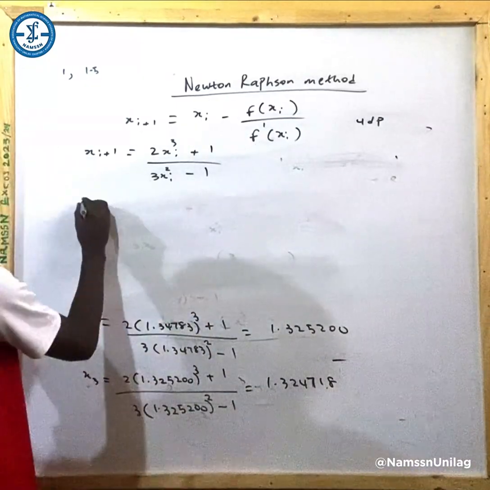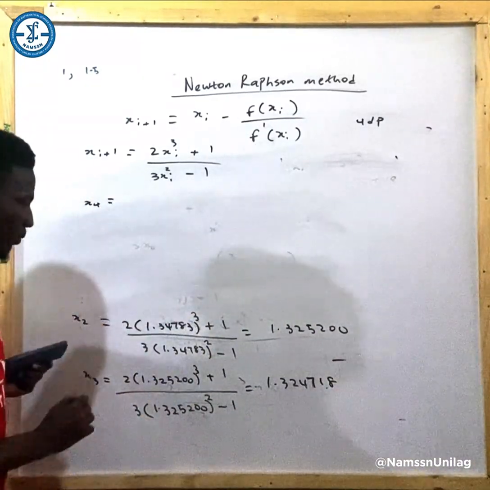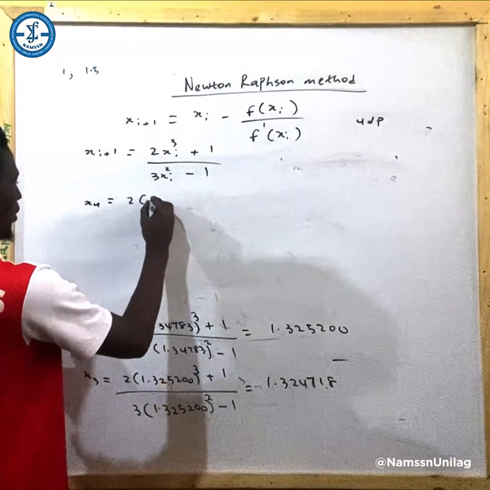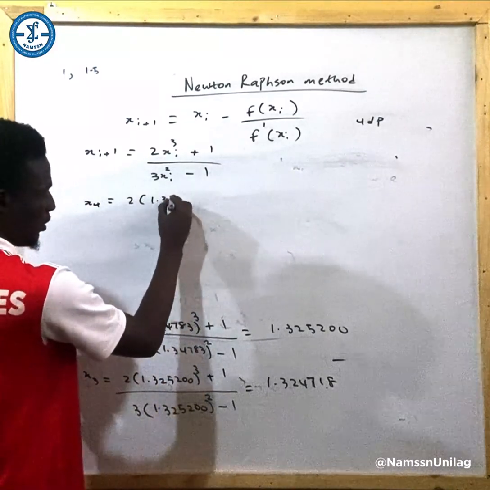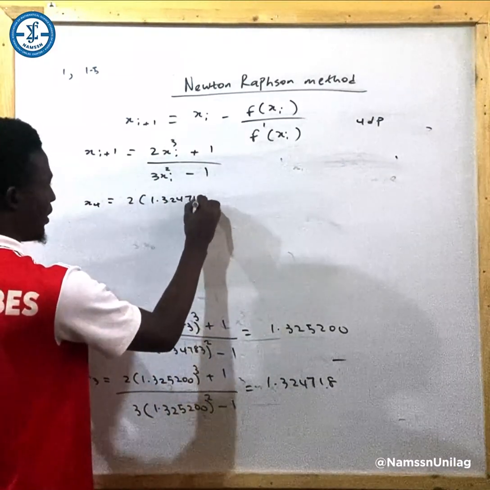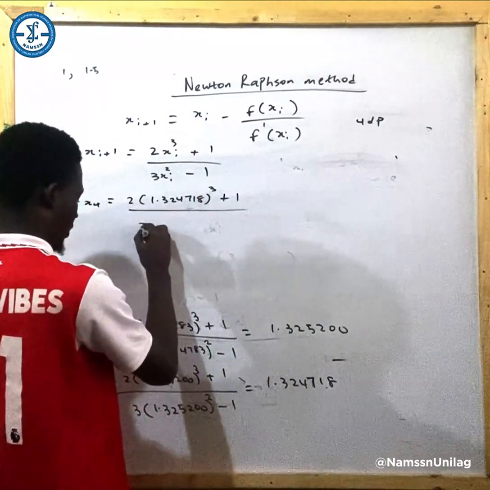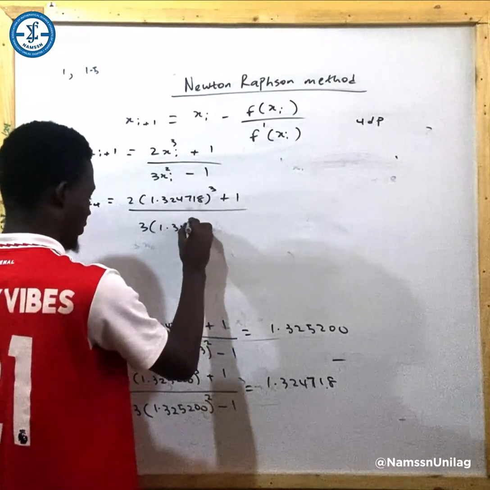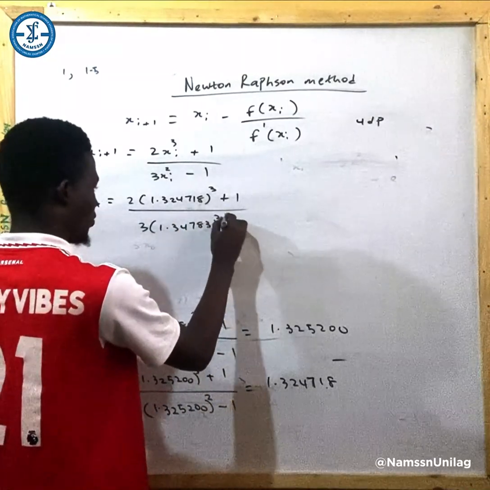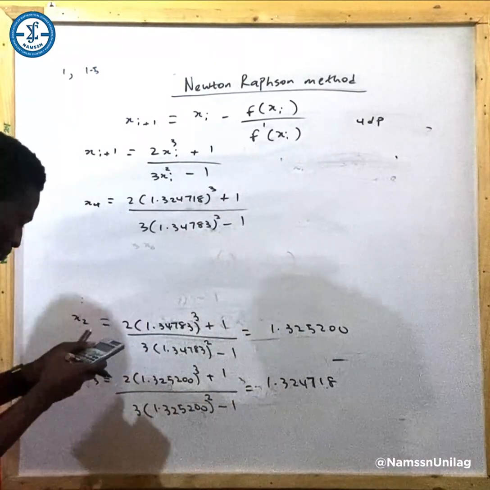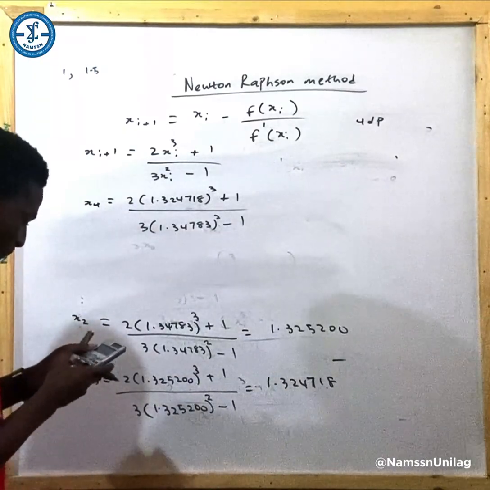So for x4, I would have 2 into bracket 1.324718 cubed plus 1 over 3 into bracket 1.34783 squared minus 1. So we do 2.